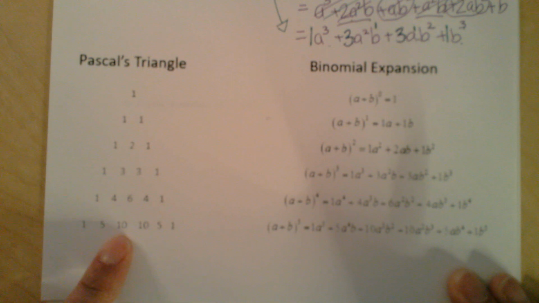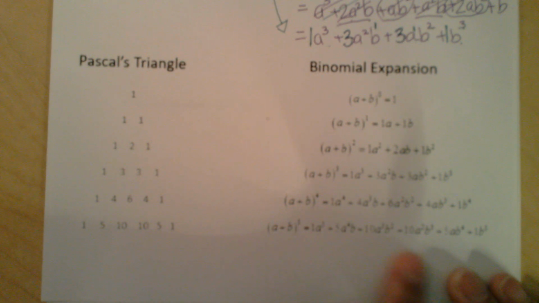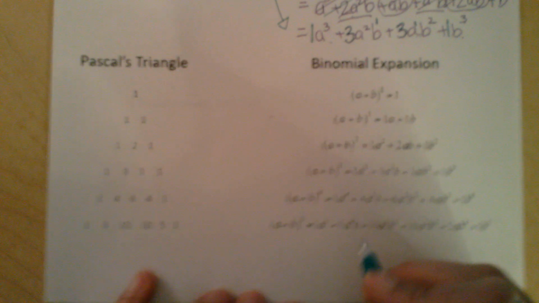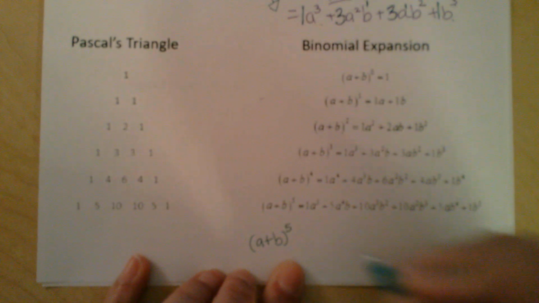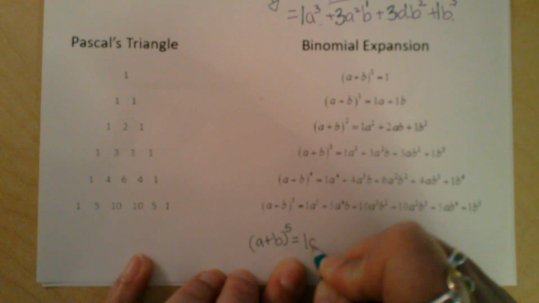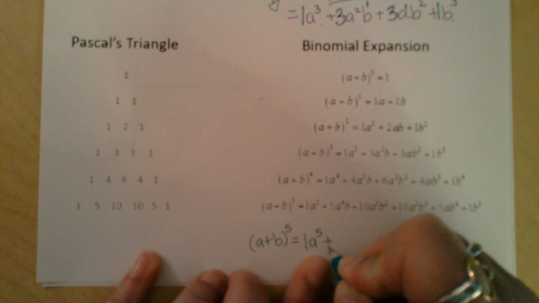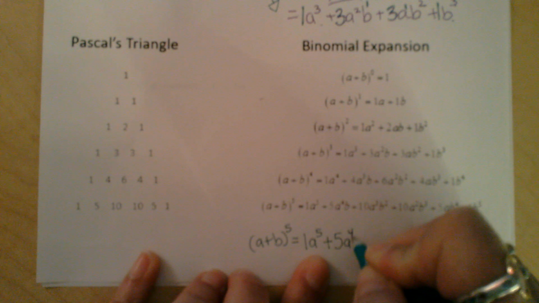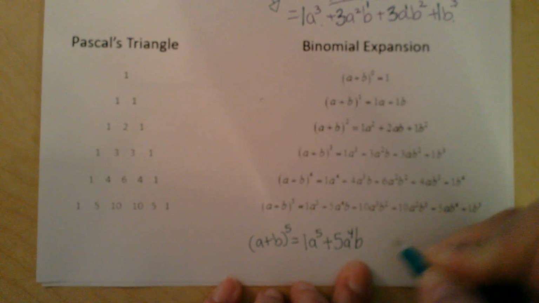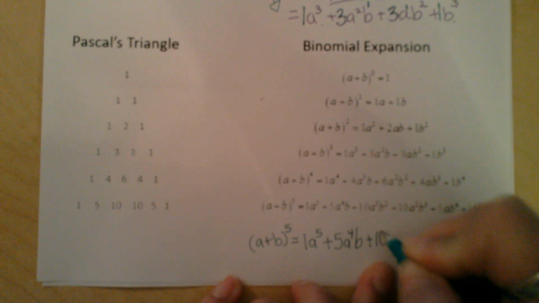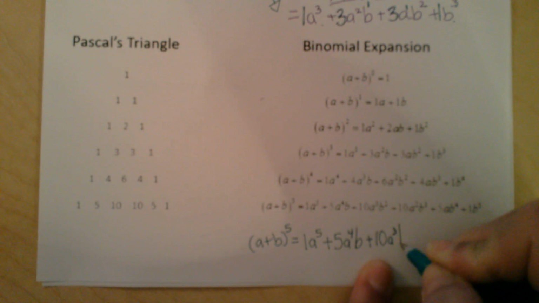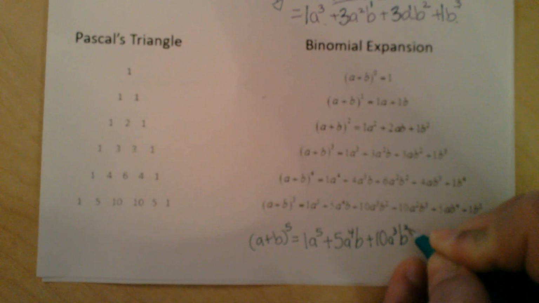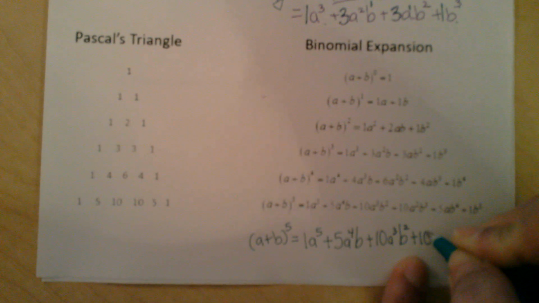I went all the way to 5, and I expanded it all out. So you can even see here, this is 1a. I'm going to rewrite this over because this is interesting. This is (a plus b) to the 5th, so that you can see a little bit clearer. This would be 1a to the 5th plus 5a to the 4th b to the 1st, plus 10a to the 3rd b to the 2nd, plus 10.